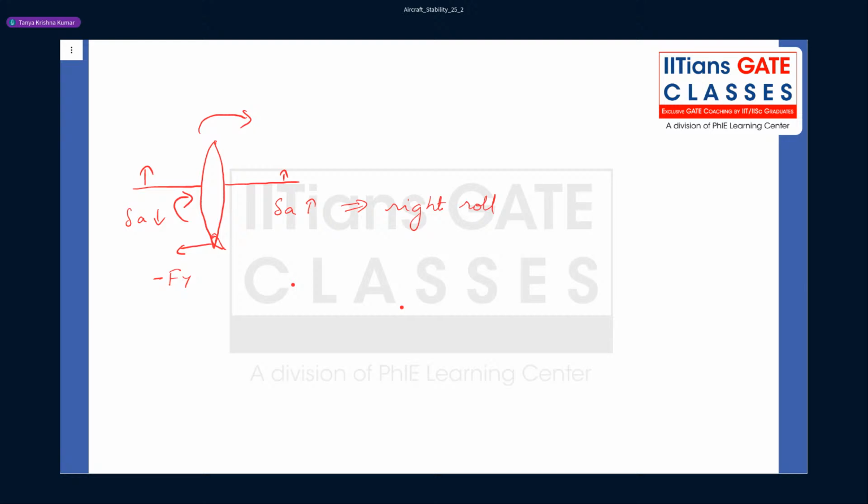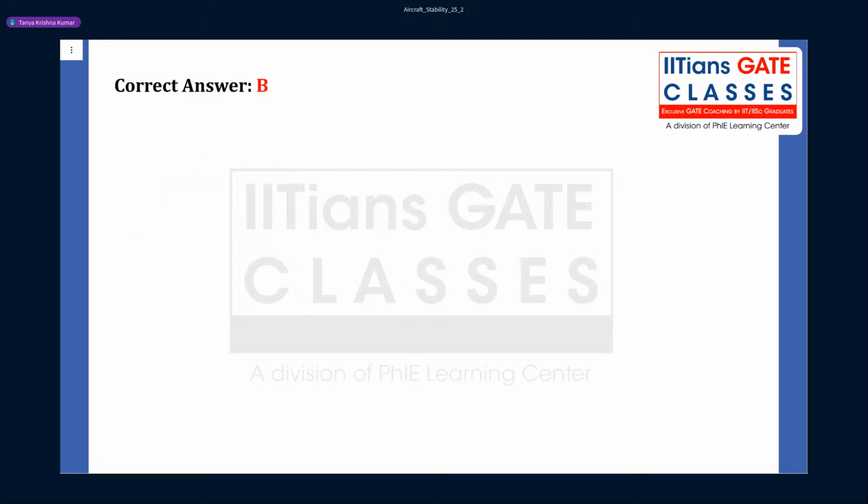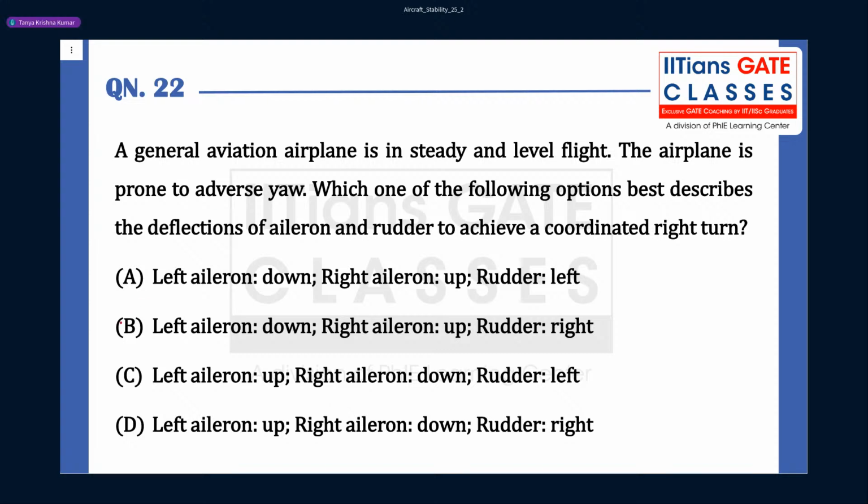So this is positive delta R, or deflection of rudder towards the right. So for a coordinated right turn, you need to deflect your right aileron down, left aileron up, and rudder towards the right. So the right option would be option B.